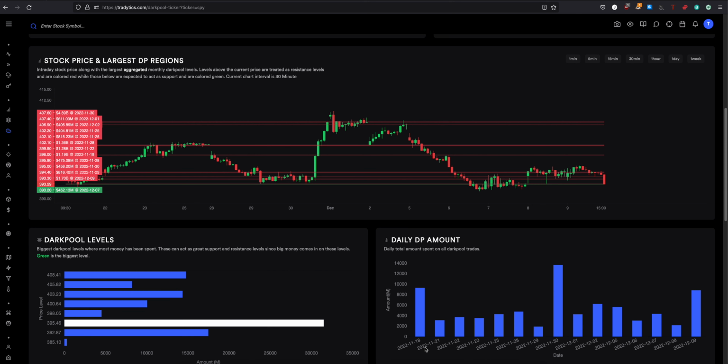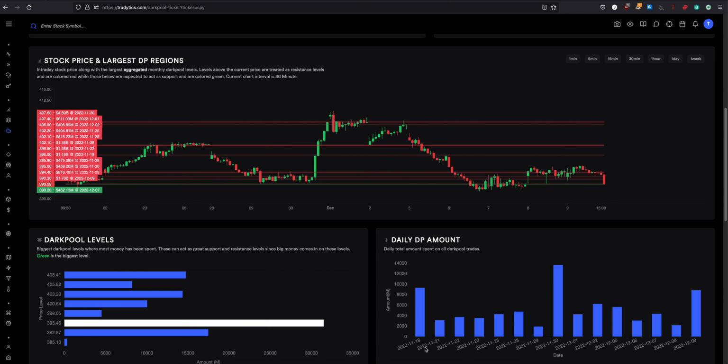I found that sometimes these dark pool levels show up in spots in between areas you might have had mapped out, and having that information and being able to trade around it can be very beneficial and give you an edge of what's going on, quote unquote, behind the scenes. What are market makers doing? What are these big institutions? Where are they placing their money?